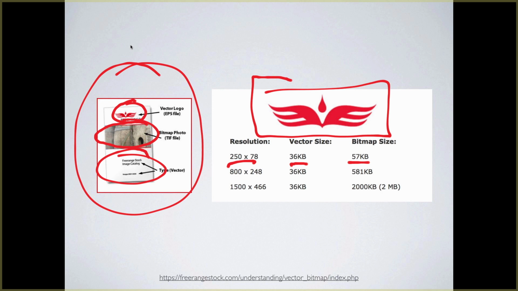If we up the file size, though, if we go to this next file size, guess what? The vector size stays exactly the same, but that bitmap size gets a whole lot bigger. More than 10 times bigger. And if we up the resolution again, vector size stays exactly the same, and this went to 2 megabytes. So you can see that ballooning effect, the larger these images are.